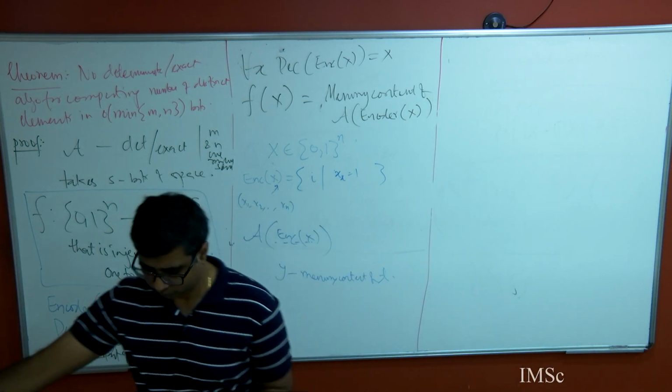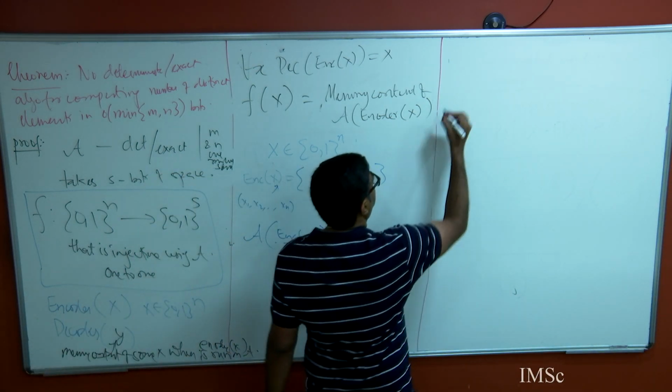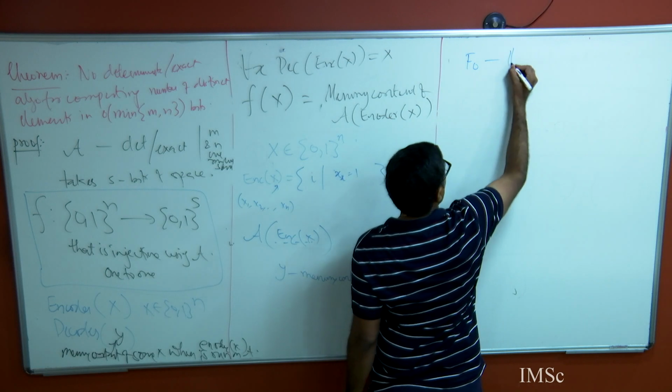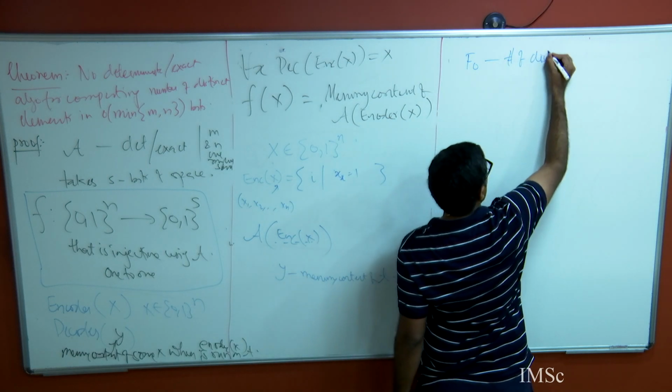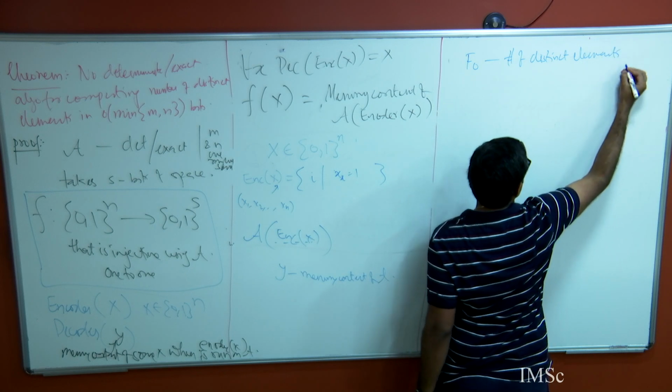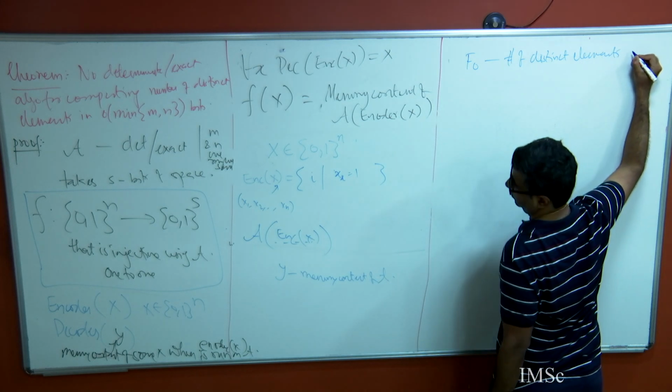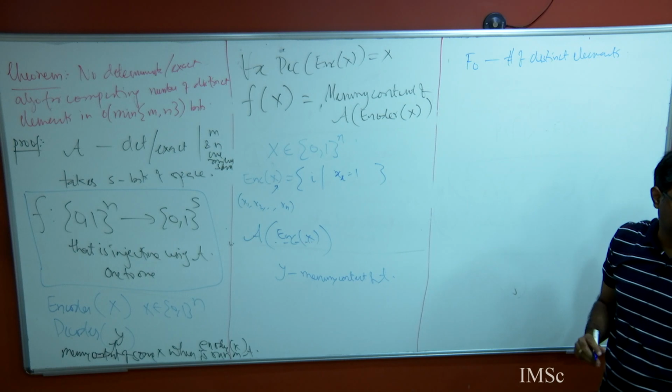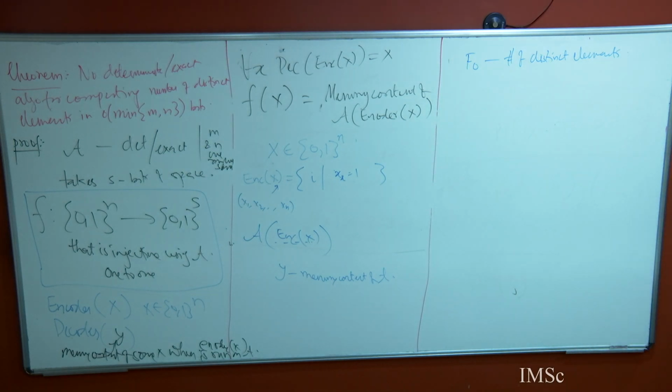So this I know. Now what should I do? Suppose you knew x. I allow you to feed x, but I will not show you x.